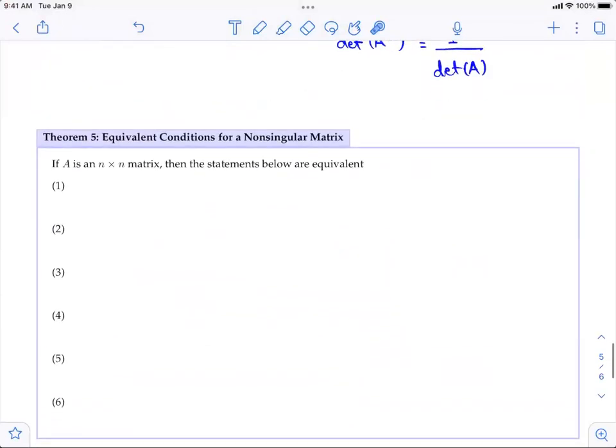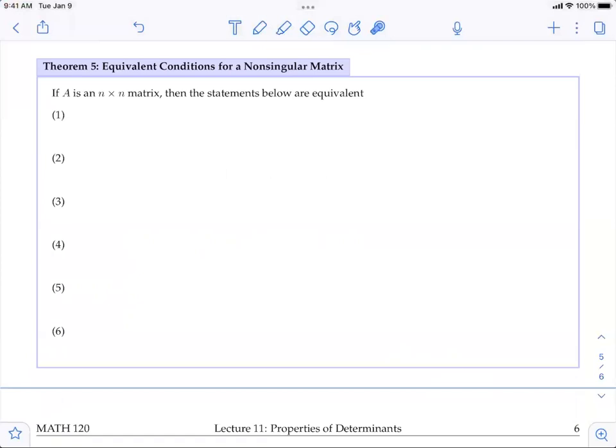In the next theorem, we have the following conditions that, for a non-singular matrix, are equivalent to one another. So the setup is that A is a square n by n matrix. Then the statements below are equivalent to one another. So A is invertible. The equivalent to that is that the determinant of A is different from 0.